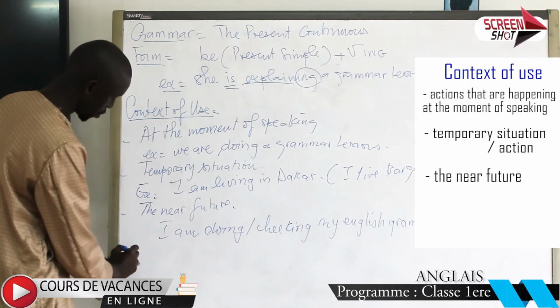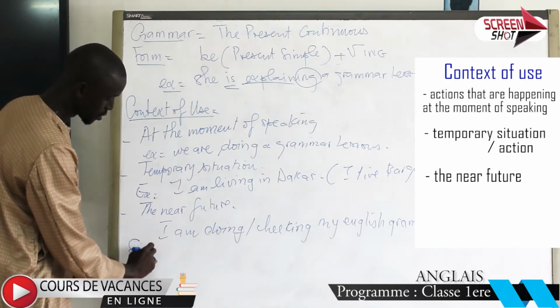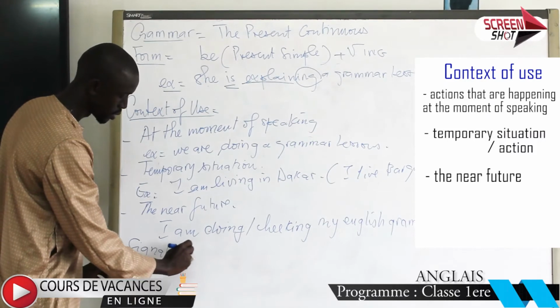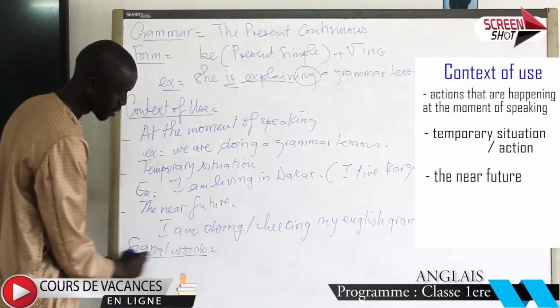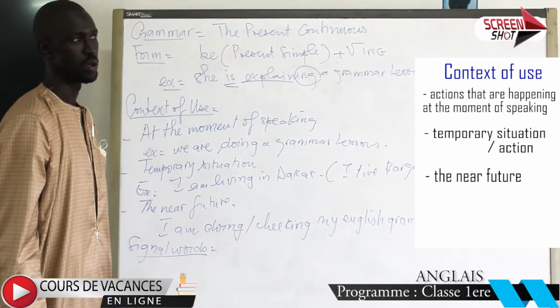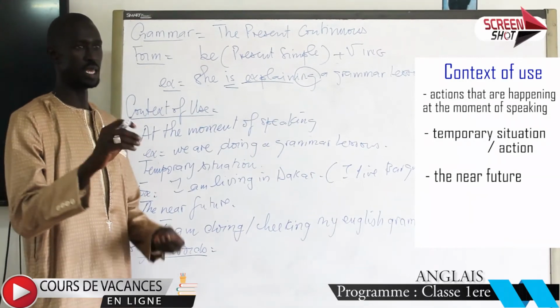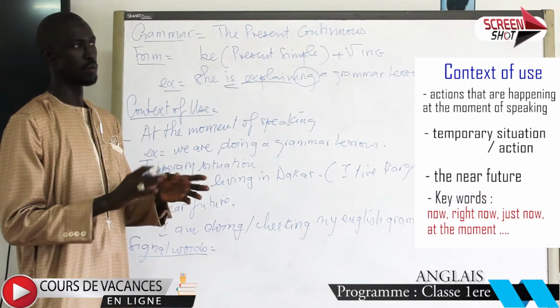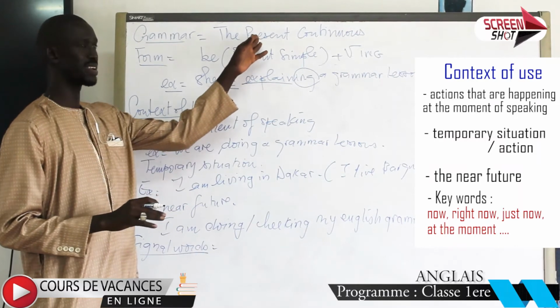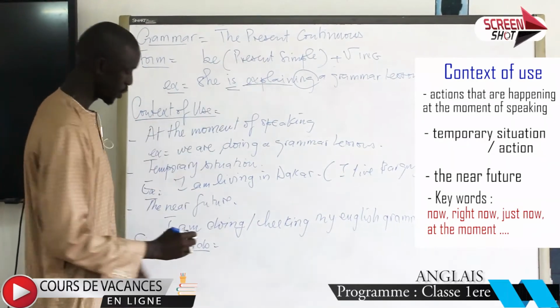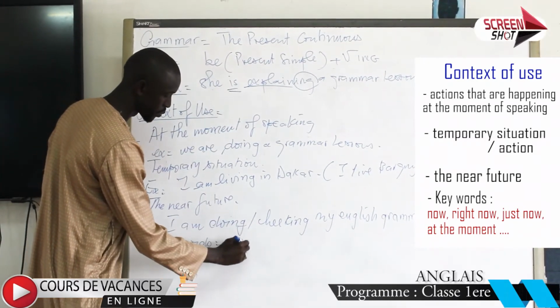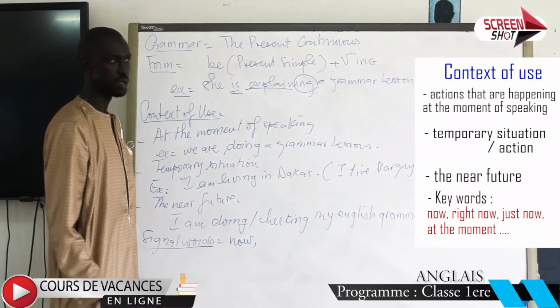And here we also have what we call the signal words, or the key words. If you see these words in the sentence, most of the time we have to use the present continuous tense. If we have, for example, now, we use the present continuous.